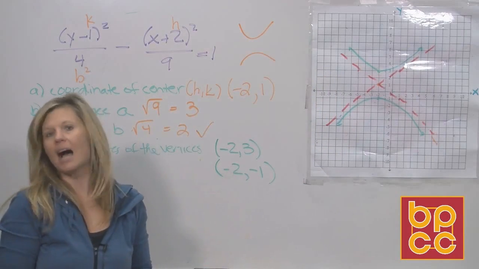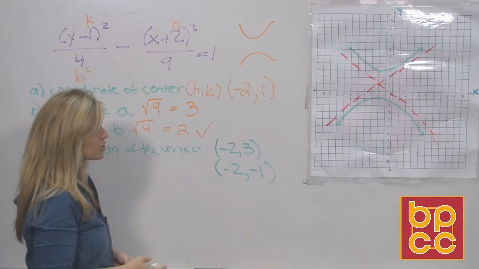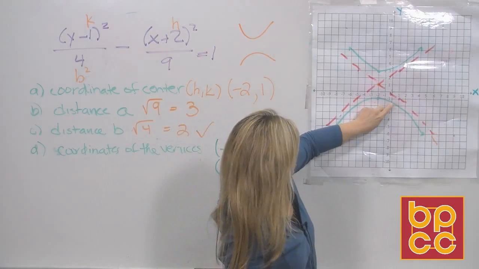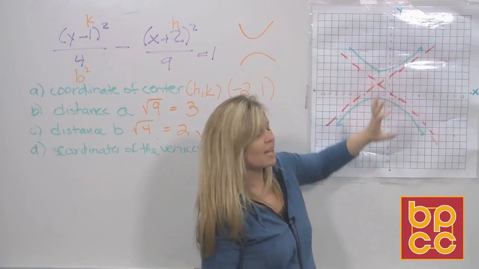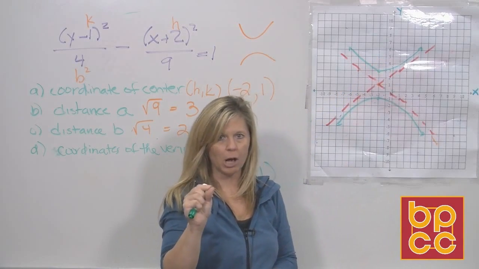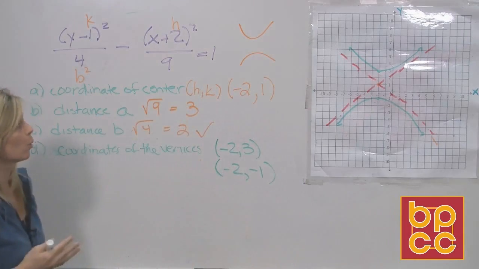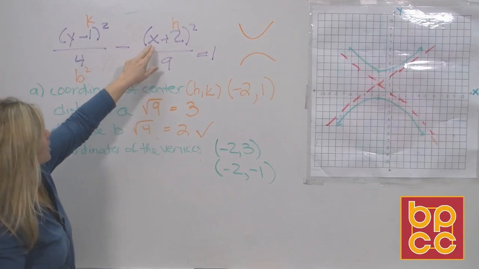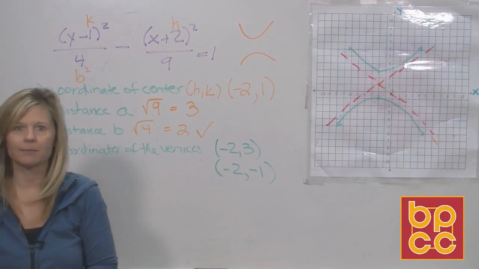This hyperbola is not going to have any x-intercepts. Does this hyperbola have y-intercepts? Sure it does. It touches here the y-axis and here the y-axis. But because they're not touching at specific whole numbers, integers, you would have to find the y-intercepts by doing your work. You'd have to replace x with 0 and work this equation out and solve for y.